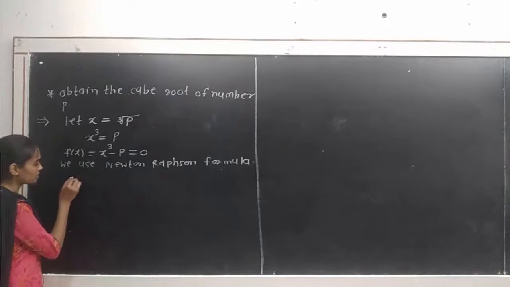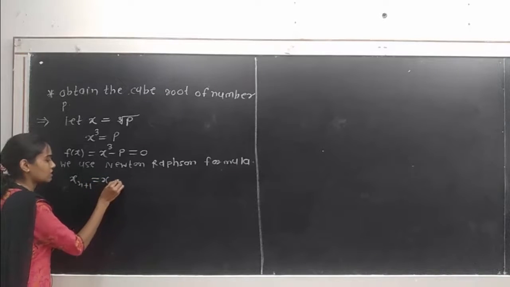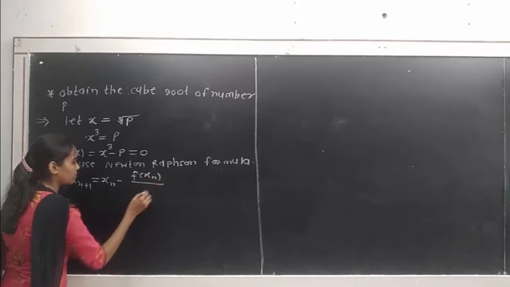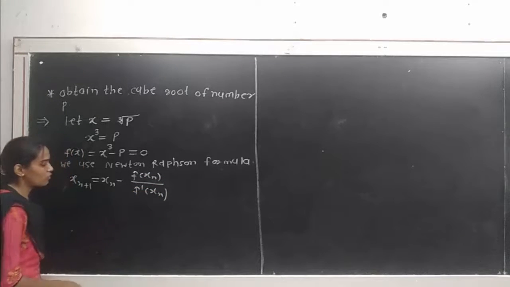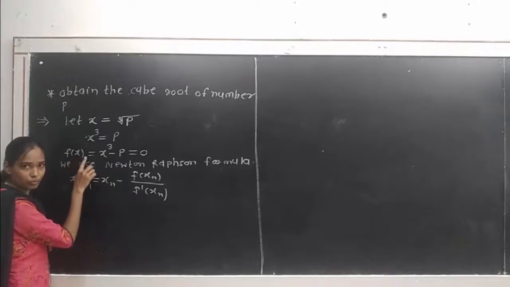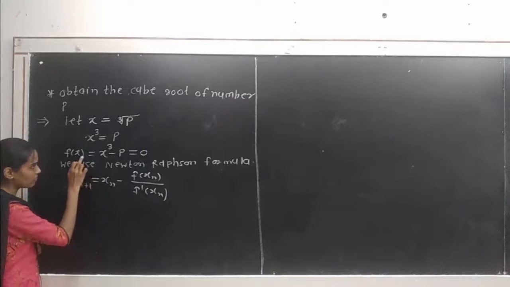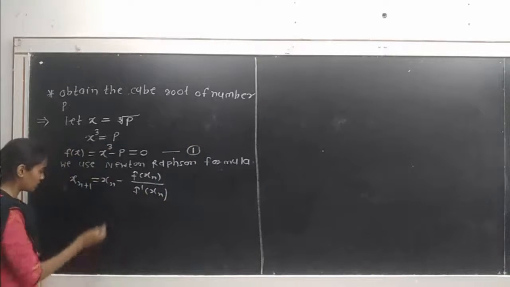The Newton-Raphson formula is x n plus 1 is equal to x n minus f of x n divided by f dash of x n. For this formula we have to find the derivative of f of x. Take this as equation number 1.